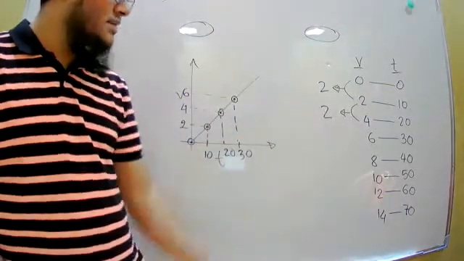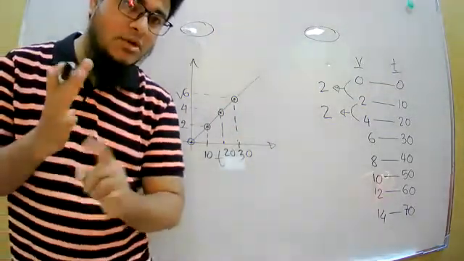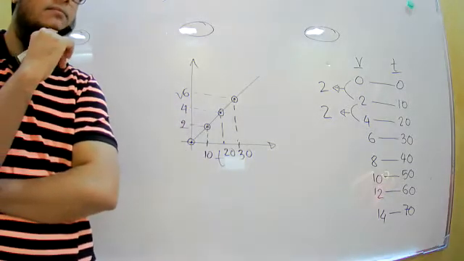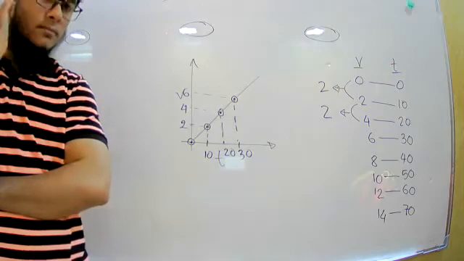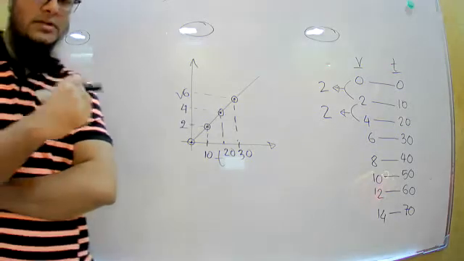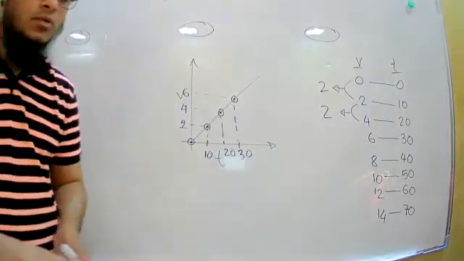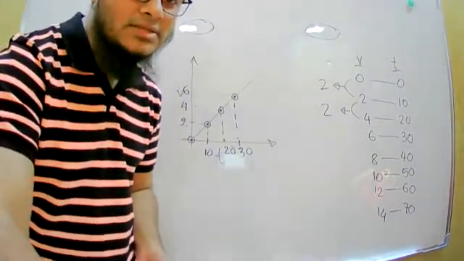Now, this is the case of uniform velocity or uniform acceleration. Uniform acceleration. Excellent, very good. This is the case of uniform acceleration. So for such a case, which equation do we use to calculate the distance?